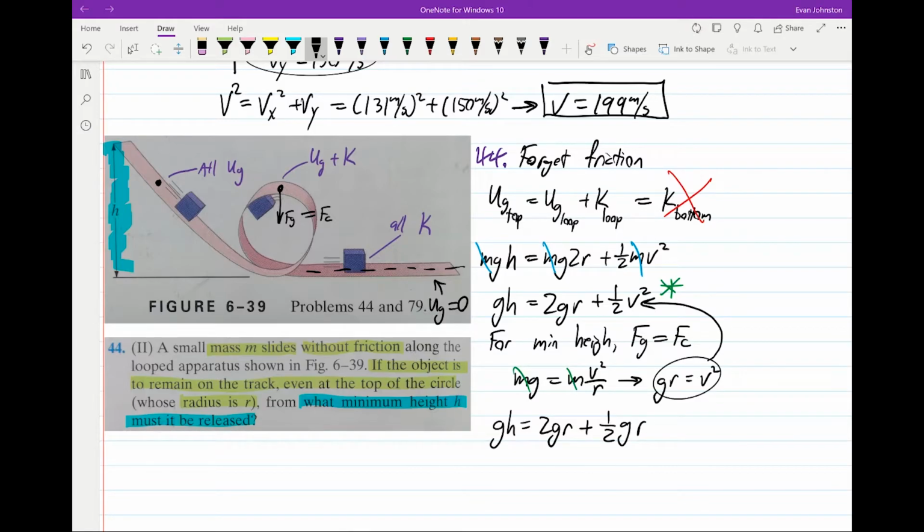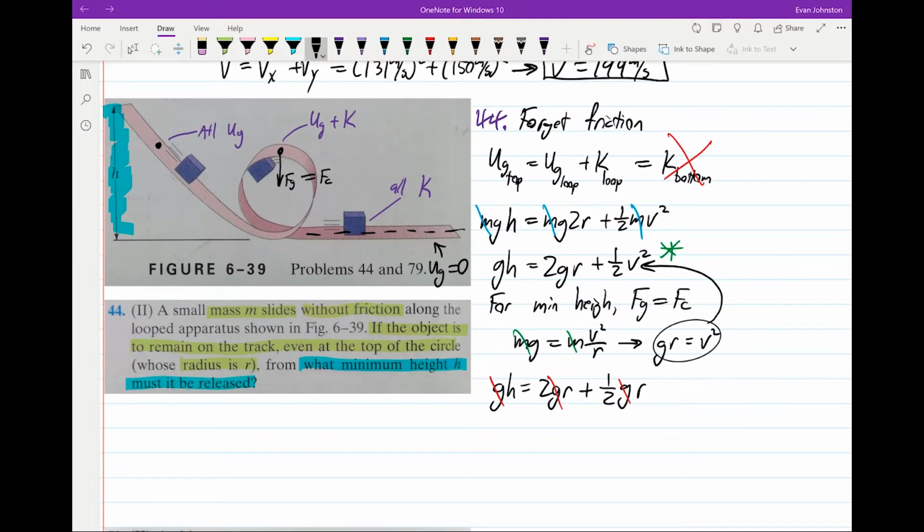Oh, that's convenient. That looks really nice actually now. So now we can do a little simplifying. The g's all cancel out, and now we have that the height is equal to 2.5 r. That's weird. It's just a really clean static number.